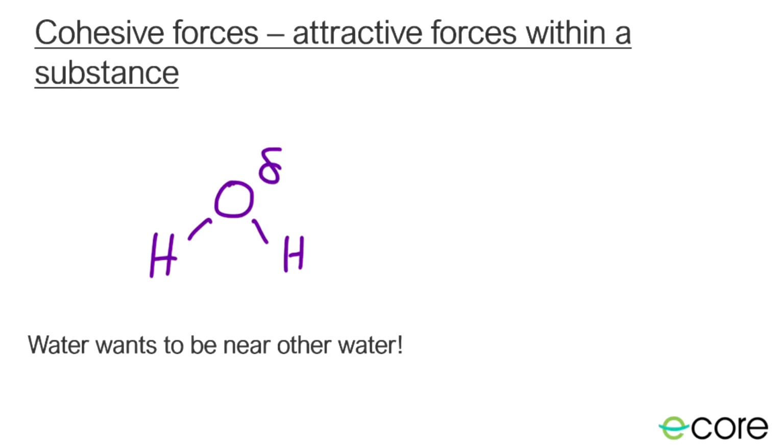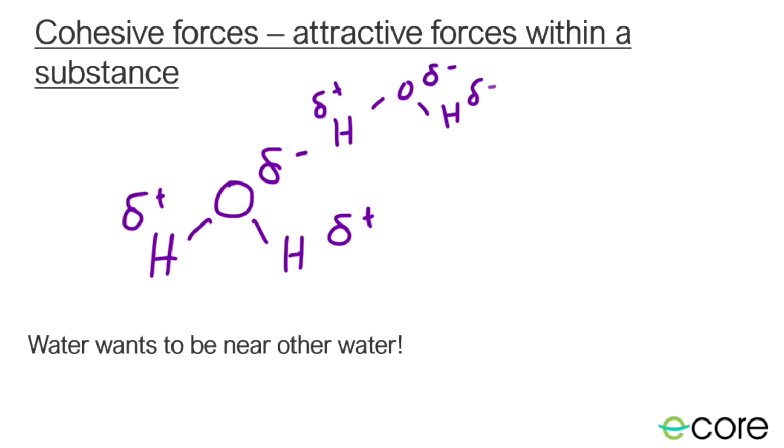So oxygen is a little negative and hydrogen's a little positive. And what that means is that if I had another water molecule, the hydrogen is going to want to hang out near that oxygen. And then there's going to be an attractive force between those. So this yellow line will represent our cohesive force. Those water molecules want to be close to each other. Okay, so water wants to be near other water.